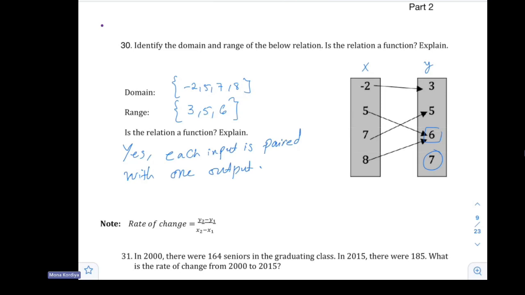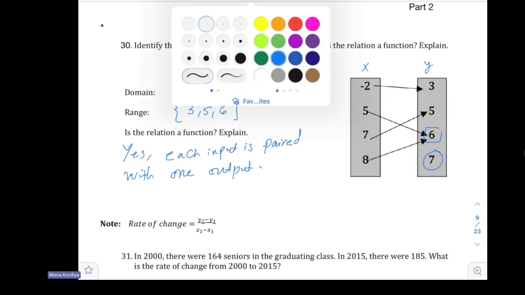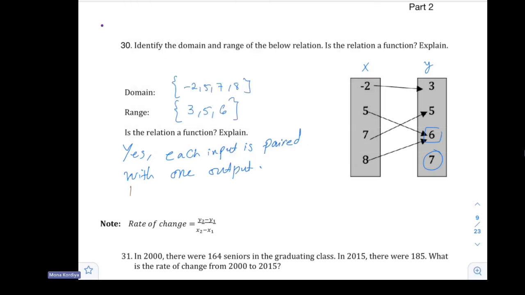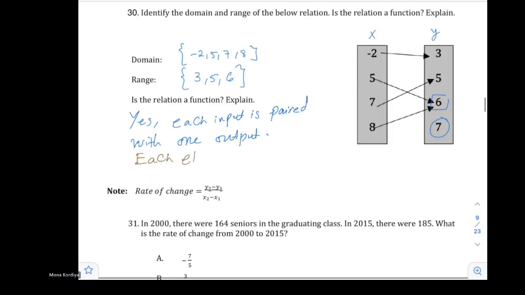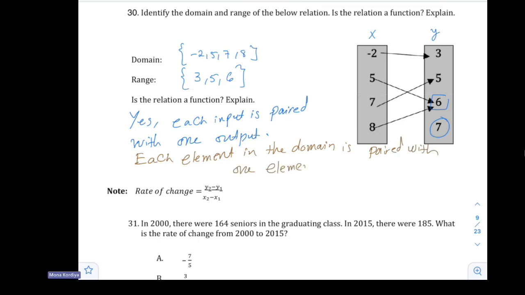Or in other words, each element in the domain is paired with one element in the range.